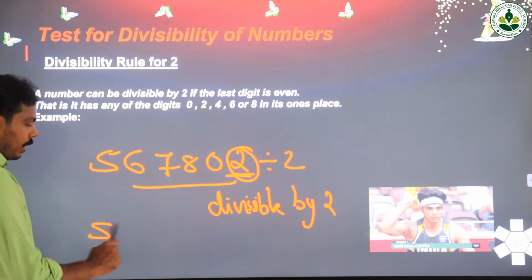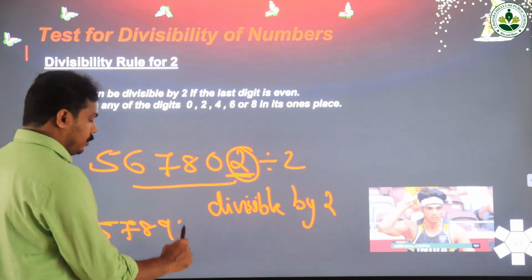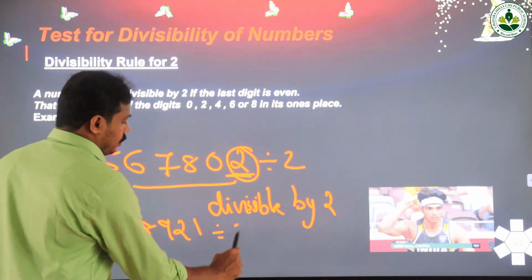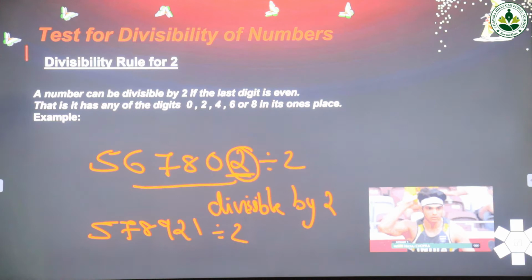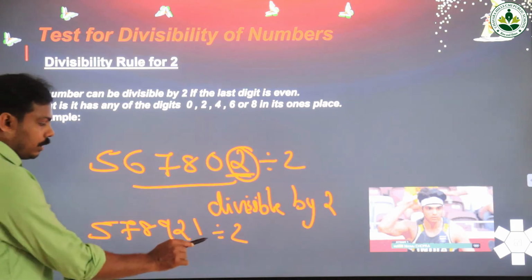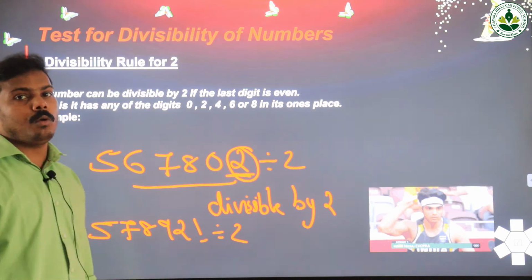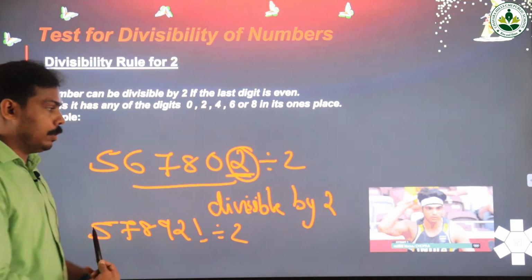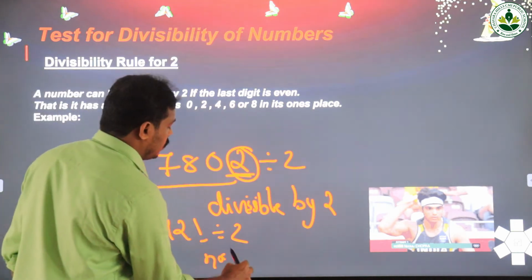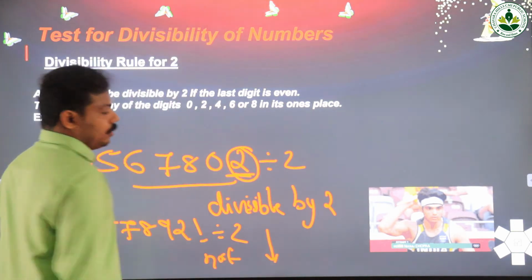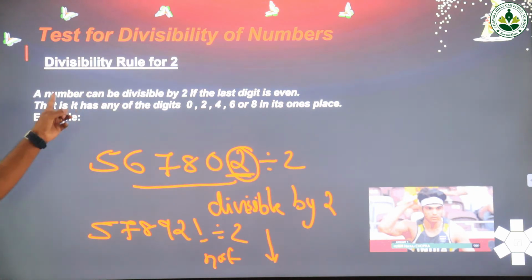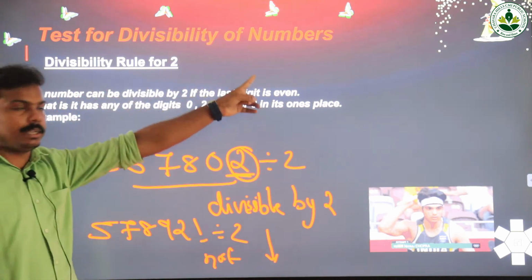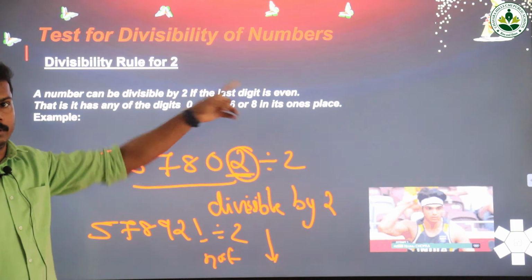Another one, 578921. Is it divisible by 2? No. Why? Because the ones place digit is an odd number, so it is not divisible by 2. A number is divisible by 2 if the last digit is even.